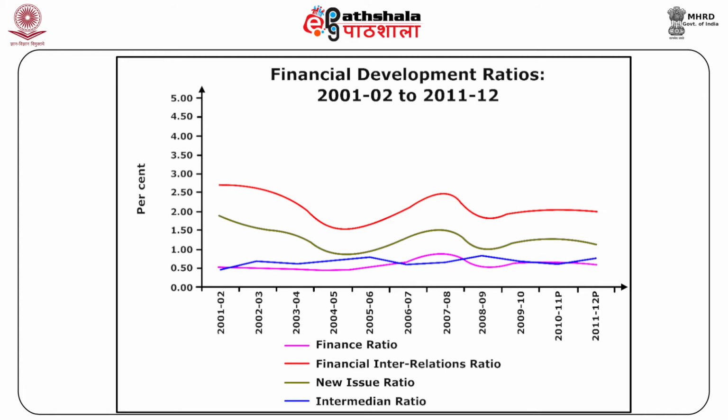Net savings and net investment of different sectors as a percentage of NNP at current market price, 2003-4 to 2007-8 average, 2008-9, 2009-10, 2010-11, 2011-12 standalone numbers. First one is the private corporate sector: net saving, net investment, and resources gap, which is the difference between 1 and 2.